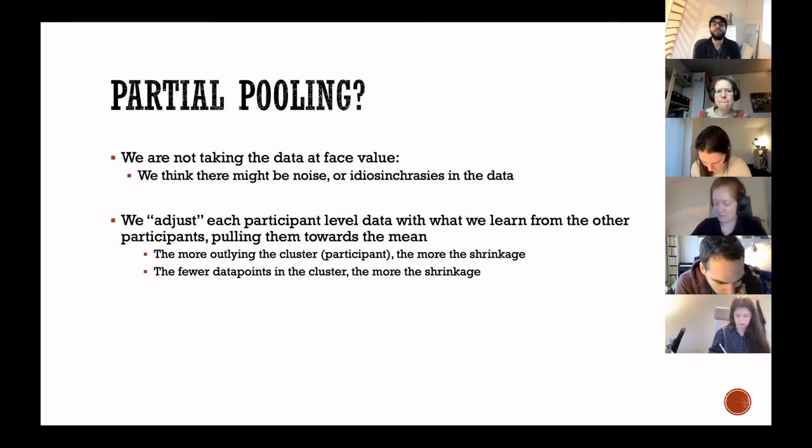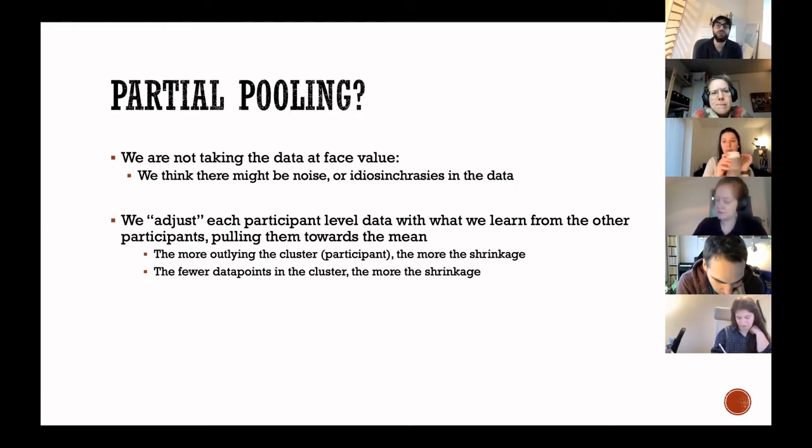Because if we have a participant that is very different from the others, we might suspect that that's due to random noise, to something in the measurement that is not representative of the participant on a more general basis, or something in the participant that is not representative of the general population.